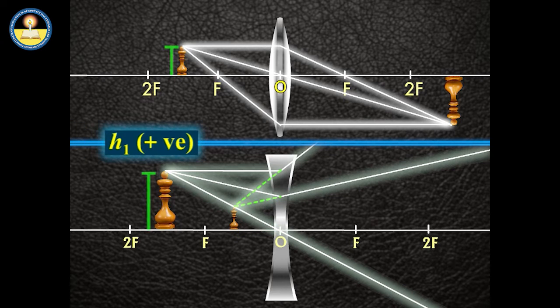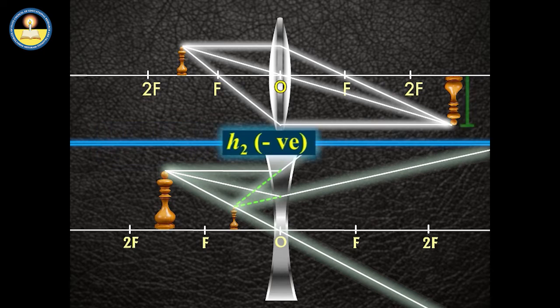The height of the object is always positive as the object is placed above the principal axis. The height of a real image is negative as the real image is always inverted and formed below the principal axis.